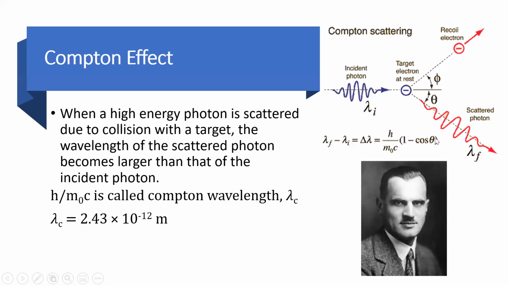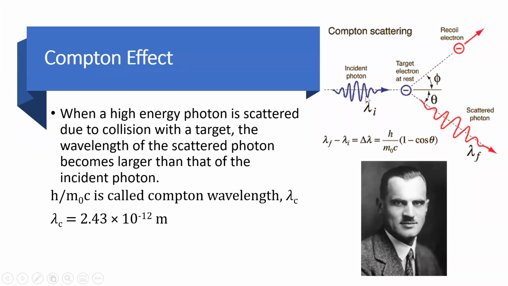Remember, here theta is the angle between the scattered photon and the direction of the initial photon. So initially the photon was moving along this x-axis in this direction, and theta is the angle between the initial direction of motion of the photon and the final direction of motion of the photon.